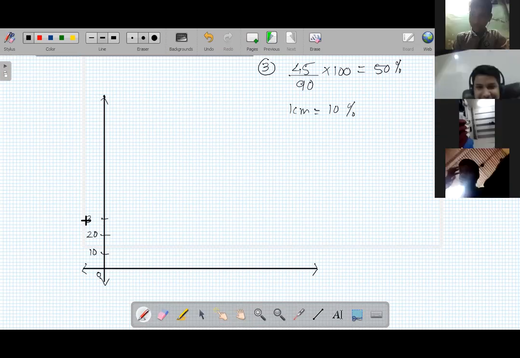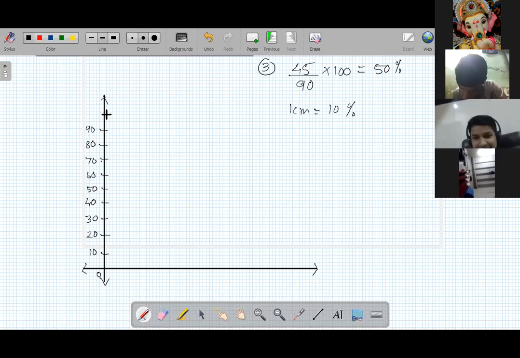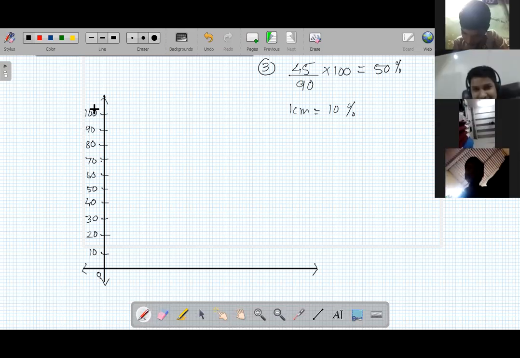Yes, you have to do it in the graph book. 30, 40, 50, 60, 70, 80, 90, and 100.